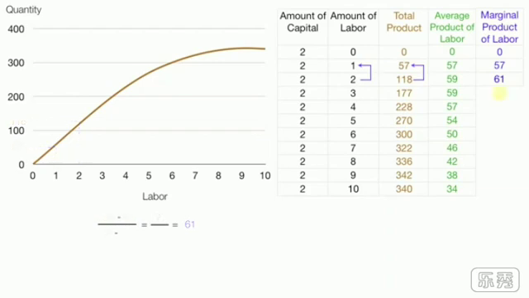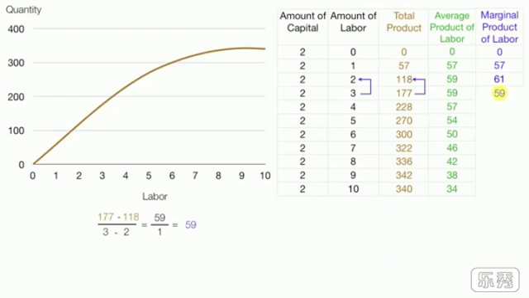Let's imagine now I want to calculate marginal product of labor at 3 labor units. So I take 177 minus 118 and divide that by 3 minus 2. This is equal to 59 divided by 1, which is equal to 59.